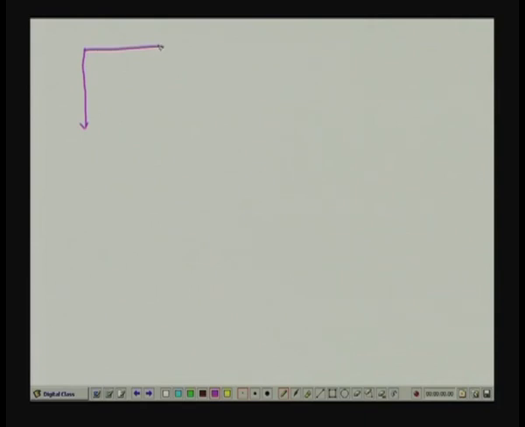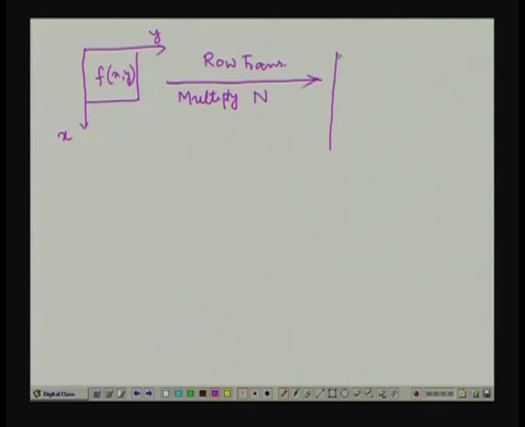If I have an input array given by f(x,y), this is the x dimension, this is the y dimension. First we do the row transformation, that is, take the Fourier transformation of every row of the input image and multiply the result by capital N. What I get is an intermediate result array, which gives the Fourier transformation of different rows of the input image.